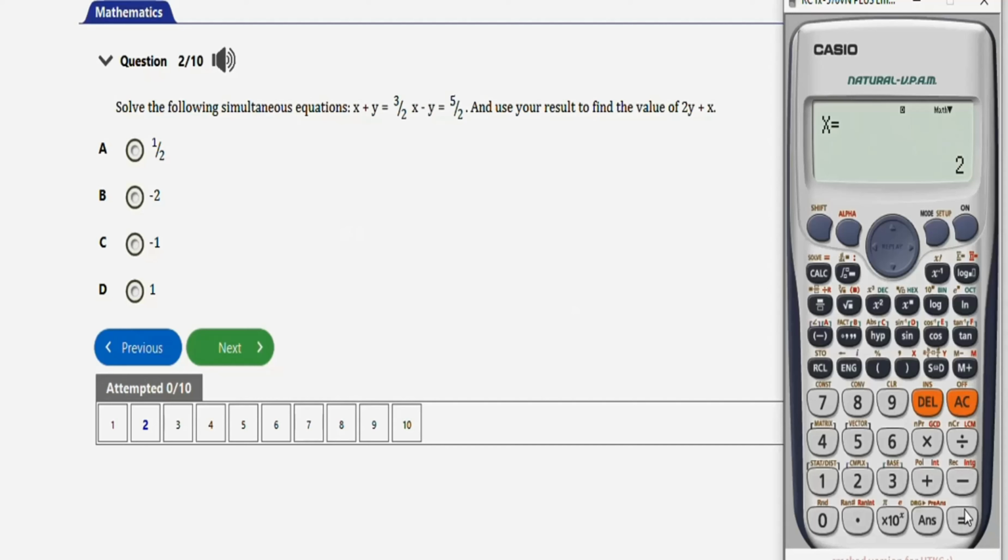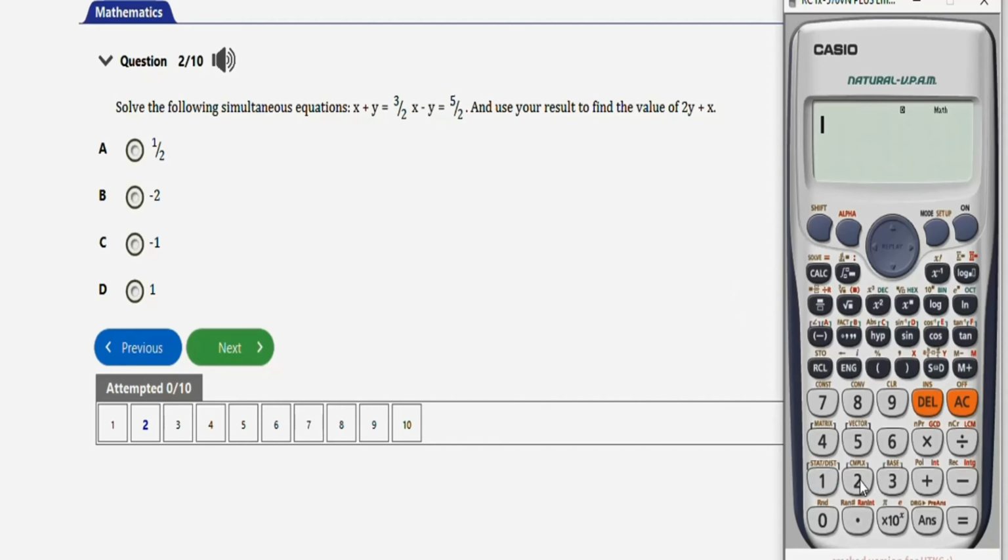Our x is 2, our y is minus half. Remember, x is 2 and y is minus half. To go away from this screen, press the mode button, then press 1.